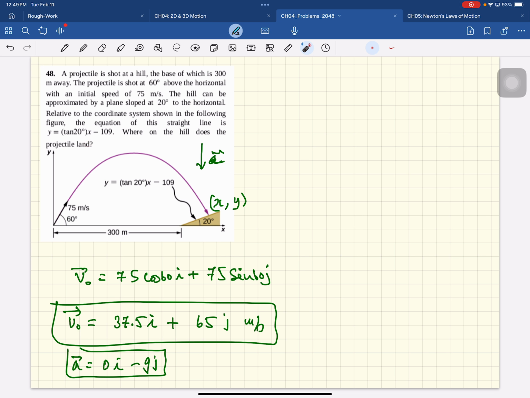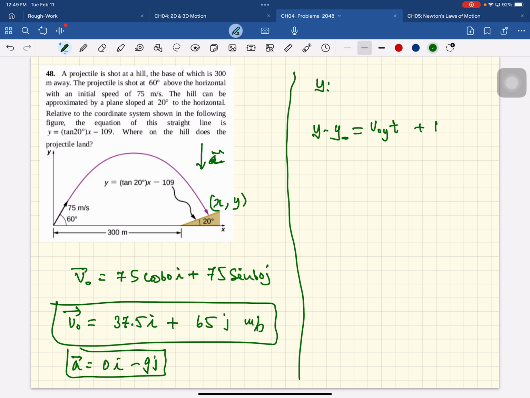Where on the hill does the projectile land? Okay, so let's look at the y component of the motion. Again, this initial y position is 0.